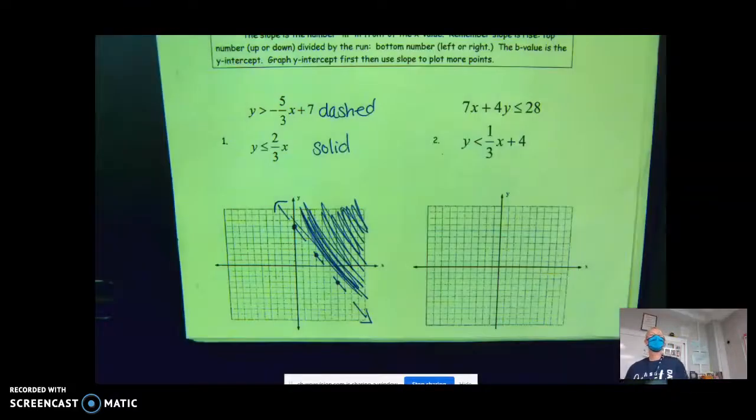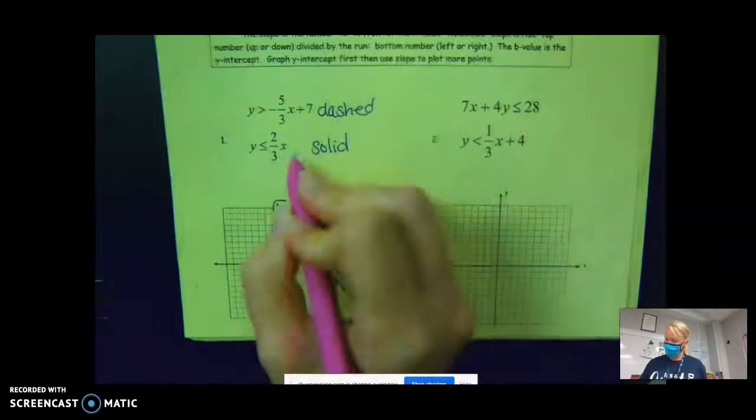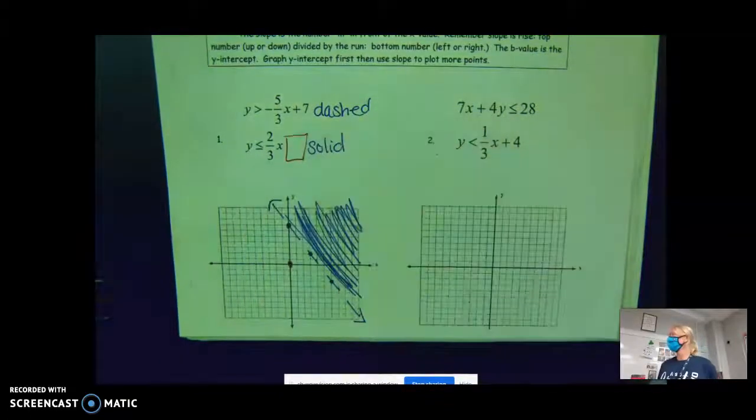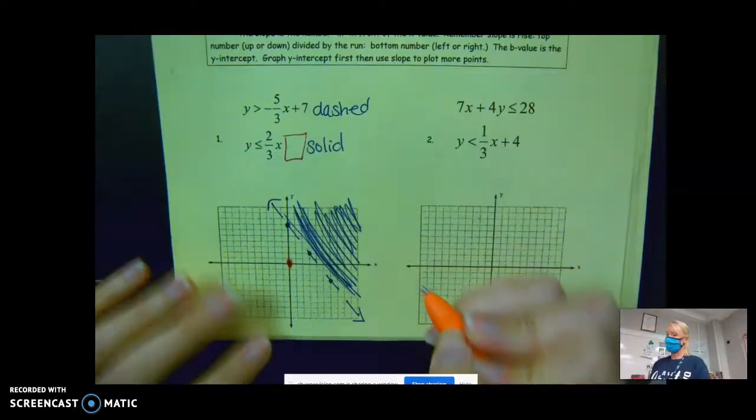Next one, what's your y-intercept on that next guy? 0, because there's nothing there. There's nothing at the end right here, so that means it's 0. What's my slope tell me to do?